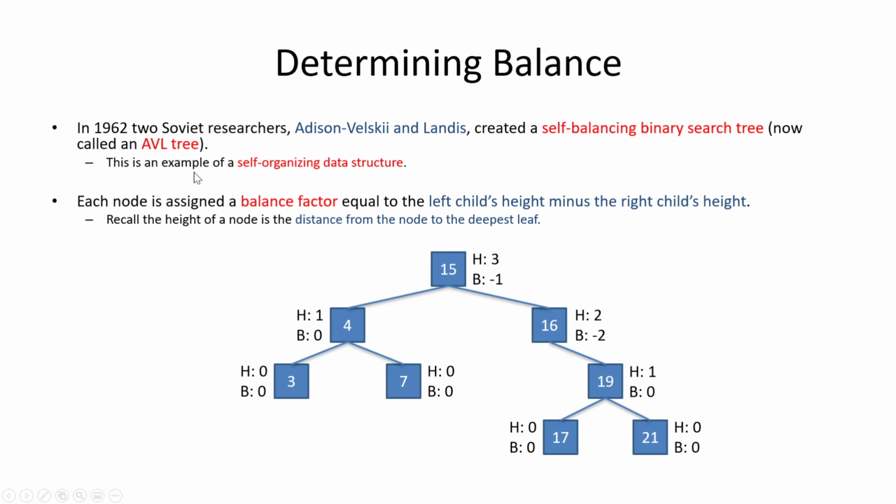And now we're going to talk a little bit about how we can add the principles that Adelson-Velsky and Landis added in 1962. The first thing they give us is a criteria through which we determine if our binary search tree is balanced or not.